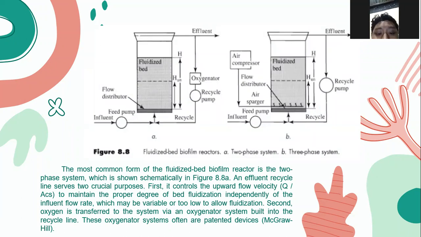The most common fluidized bed biofilm reactor is the two-phase system, which is shown schematically in figure 8.8a, and the effluent recycle line serves two crucial purposes. First, it controls the upward flow velocity to maintain the proper degree of bed fluidization independently of the influent flow rates, which might be variable or too low to allow fluidization.